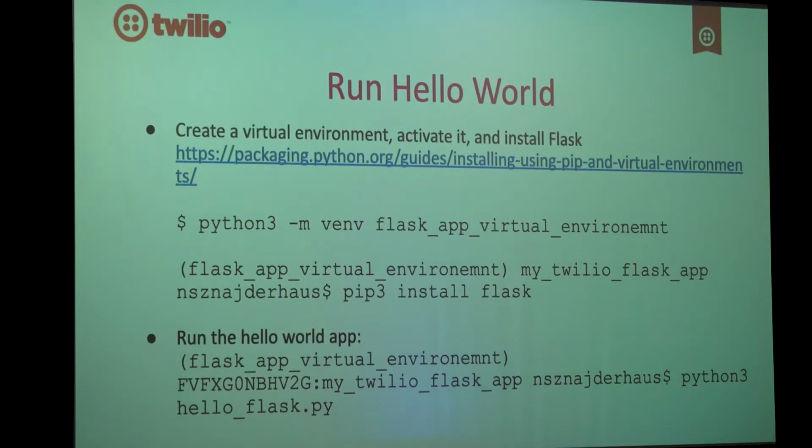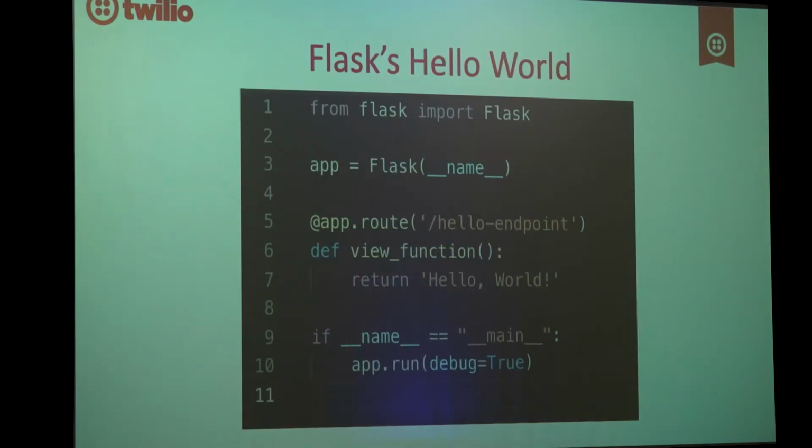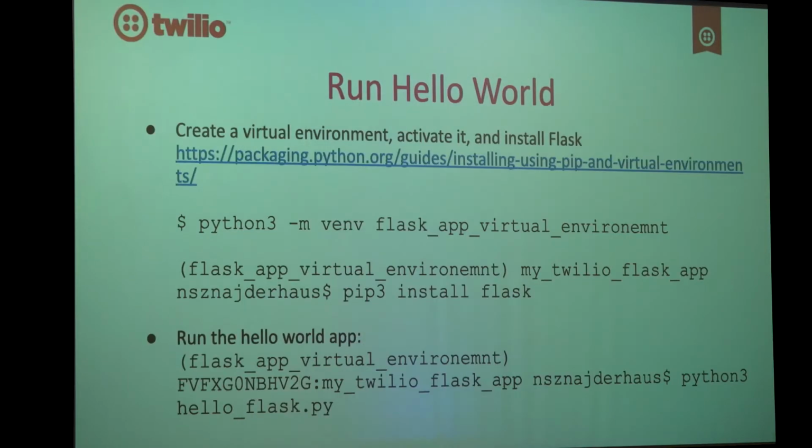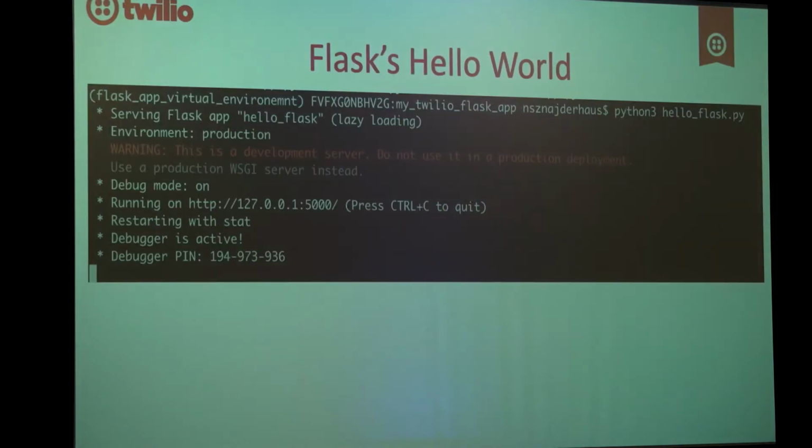So how do you run this app? You can create a virtual environment, install Flask, and then save this file into a Python file and run it. So these are the steps to do it. And then you execute python3 hello Flask, and then you will obtain this.